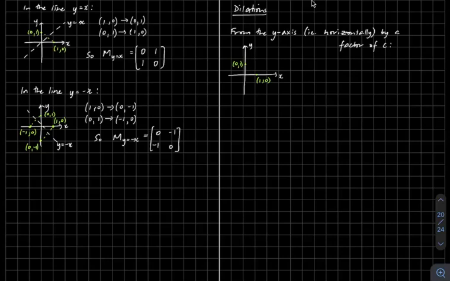That means however far anything is from the y-axis, it's being multiplied now by a factor of c. So this point here that was 1 unit, it's now being stretched out to another point. Maybe I should have picked another color there, so it's being stretched away to another point here. The point which was on the y-axis, doesn't matter how much you stretch it or what you multiply it by, it's not going to move any further.